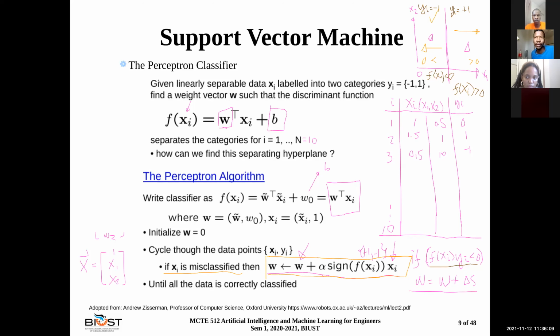That means they are misclassified. Yes, they are misclassified if the signs are different. Because you can see here, your f of x evaluation for all points located in this region is less than 0. That's what we are setting.